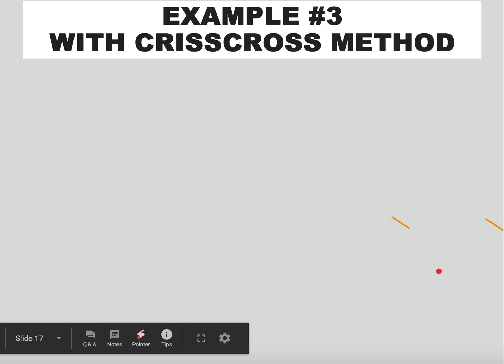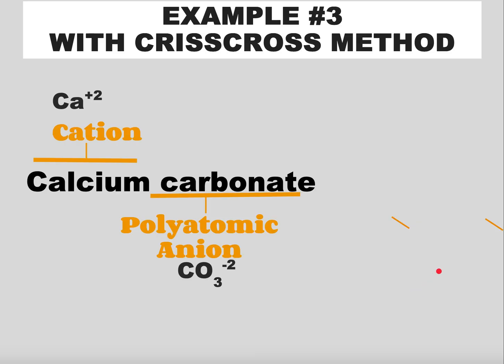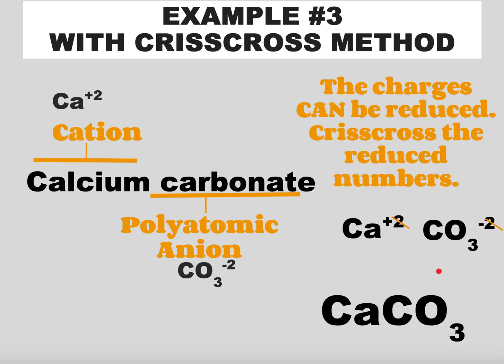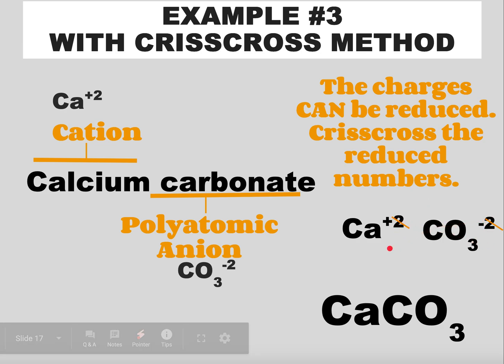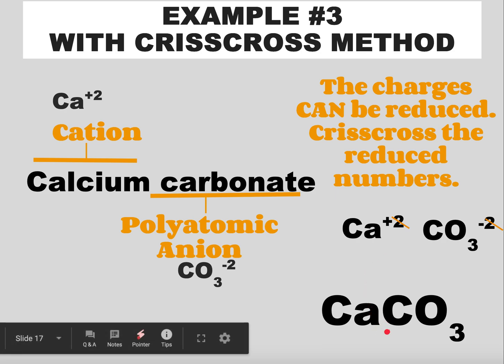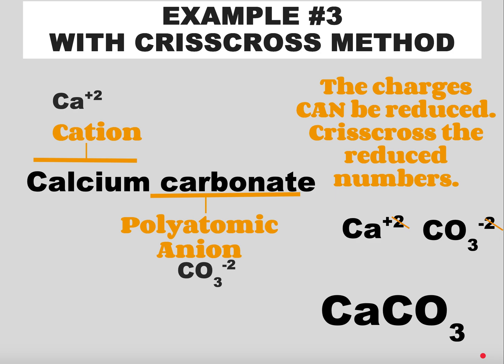That shouldn't be there. Now, this is an example where if we use the crisscross method, it would be a problem. Because if I were to do the crisscross method, I might say, hey, this should go down here and this 2 should go down here, and it should be Ca2, CO3, 2. Well, remember, the crisscross method is just a shortcut.